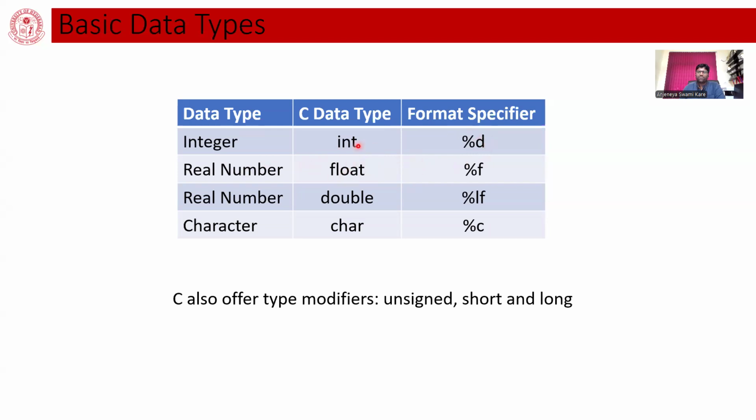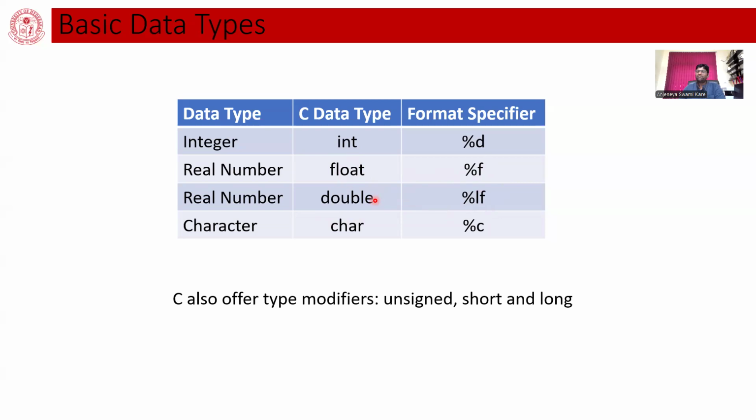For real numbers, we have two kinds of data types. Float, for which %f is the format specifier, and double, for which %lf is the format specifier. Like in the IEEE 754 representation, where we use single precision and double precision, float is single precision and double is double precision.